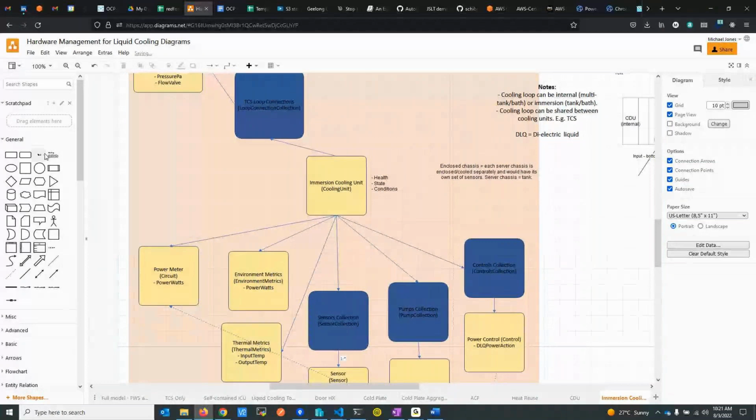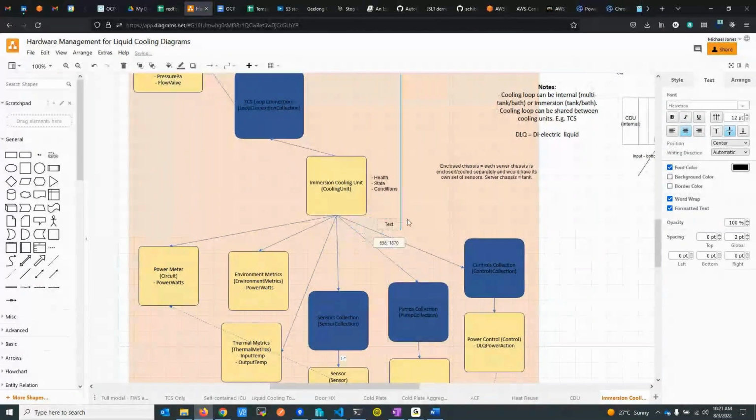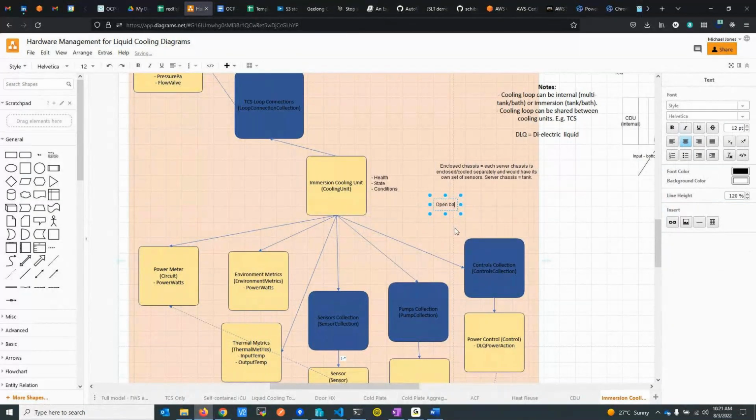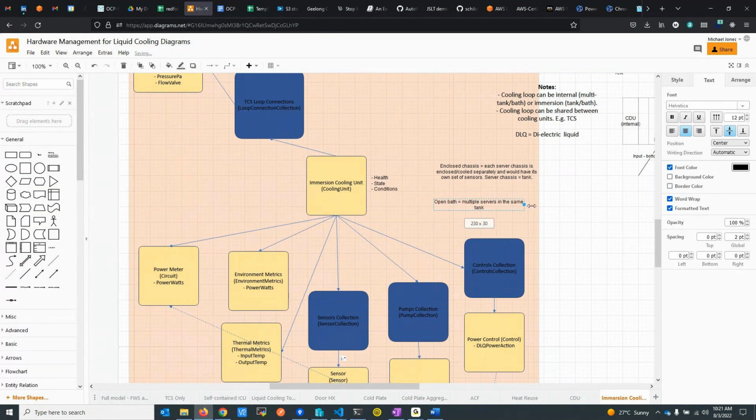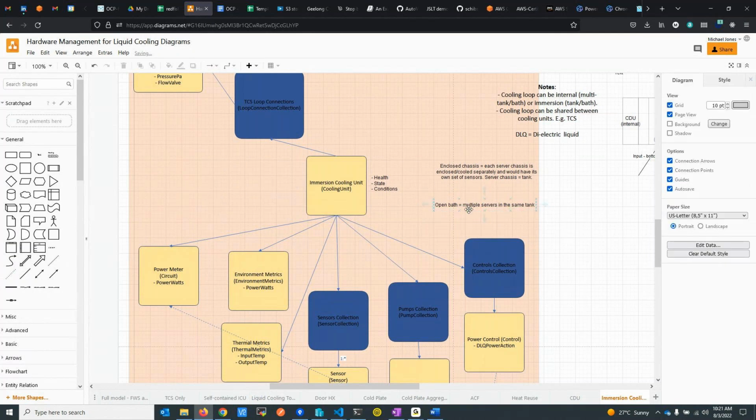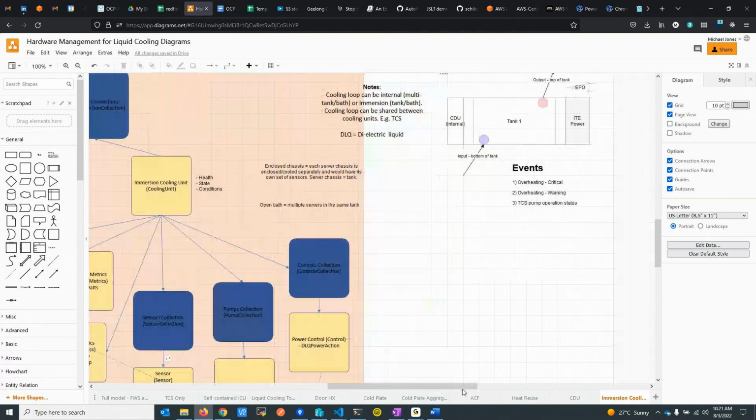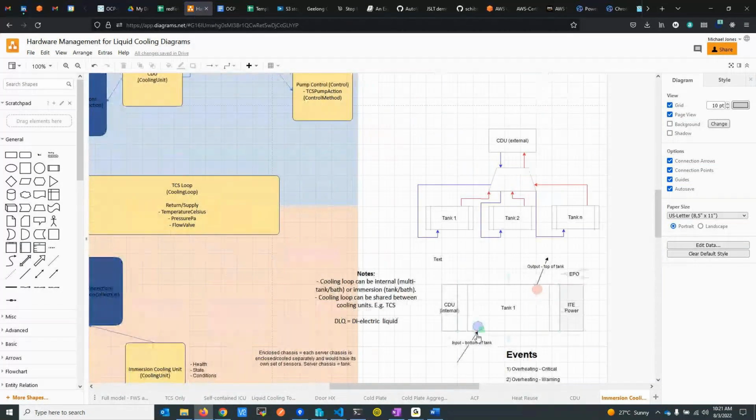Okay, awesome. So then for open bath, multiple servers in the same tank. That means the current document is tailored around open bath because it explicitly mentions you have to have, at minimum, sensors at the input and at the output of the tank.